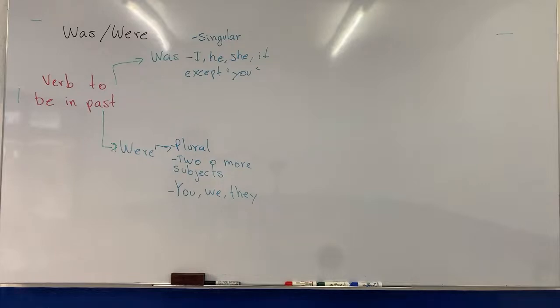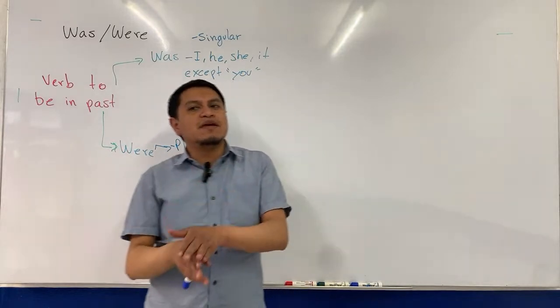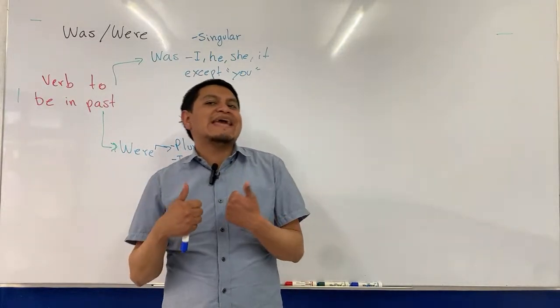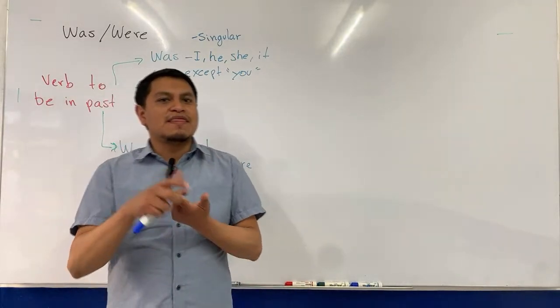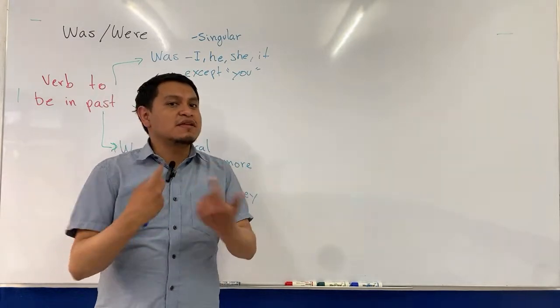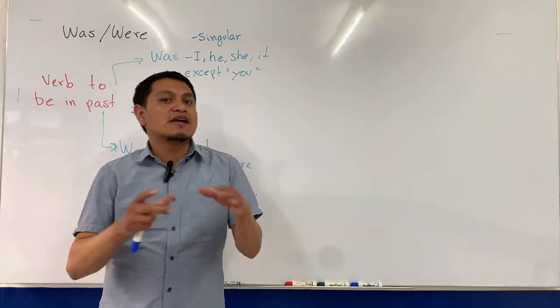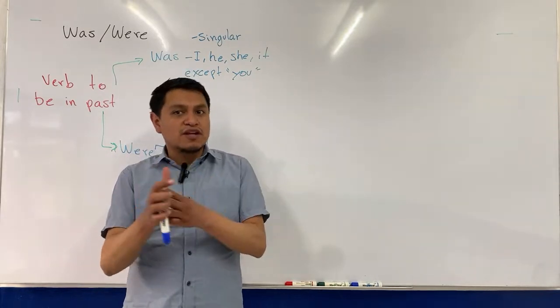Are you done? Right. Using the verb to be in the past, we can make affirmative, negative, and interrogative sentences to ask or give information. Now we are going to explore the general characteristics of the three forms.